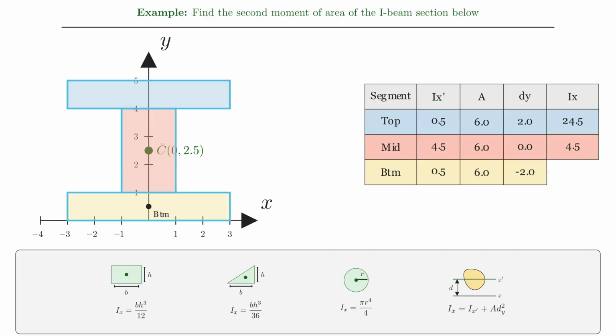To calculate Ix, we use the parallel axis theorem: 0.5 plus 6 times minus 2 squared is 24.5 meters fourth. To find the inertia for the overall shape, we take the sum of the Ix's: 24.5 plus 4.5 plus 24.5 is 53.5 meters fourth.